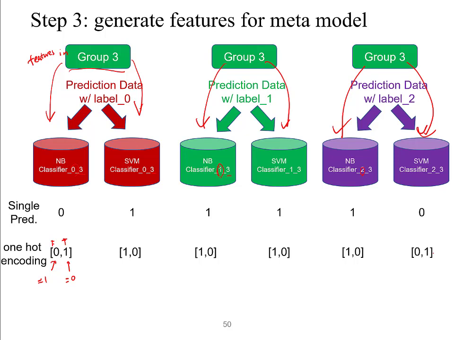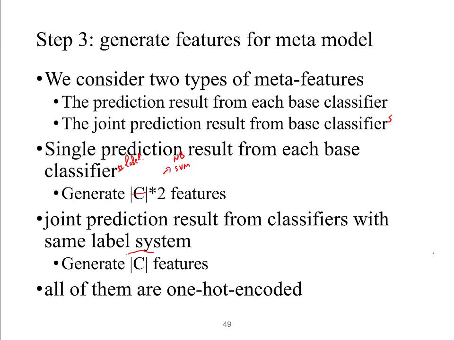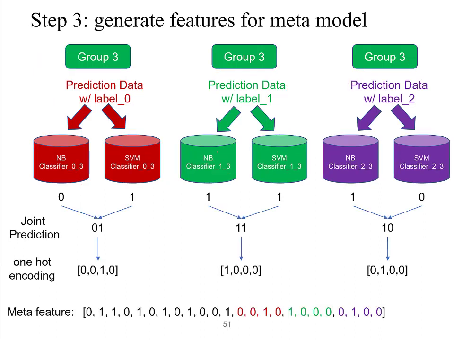So you might see a slightly different representation of these vectors, but essentially they are the same. Here, just for you to understand the whole procedure, we use the dense vector. So this is for step 3, the single prediction meta features.